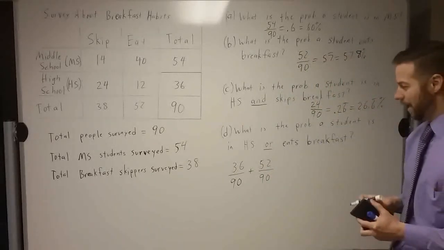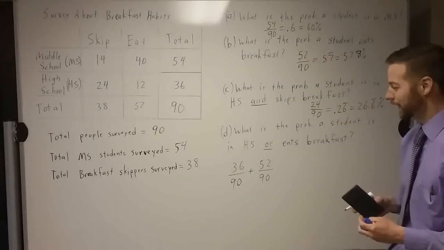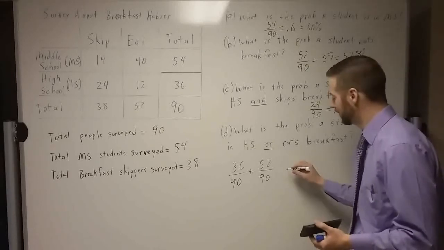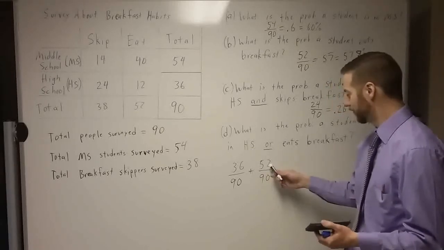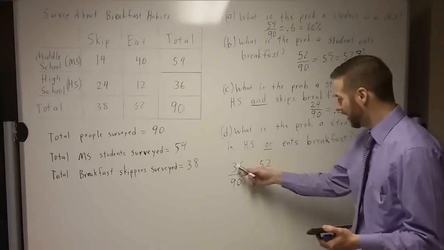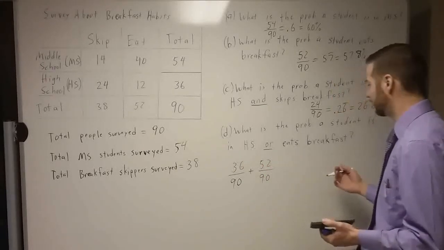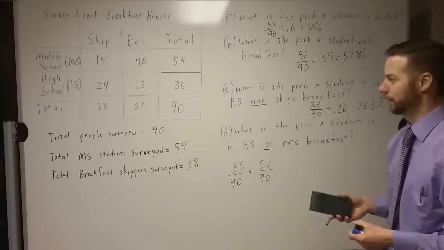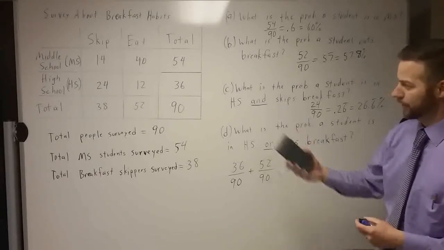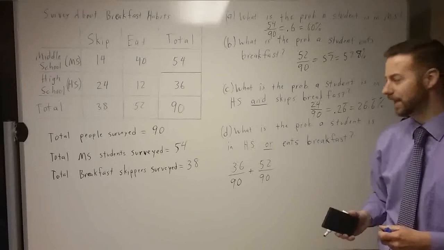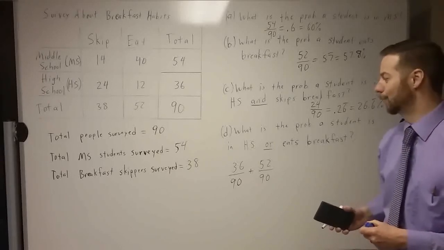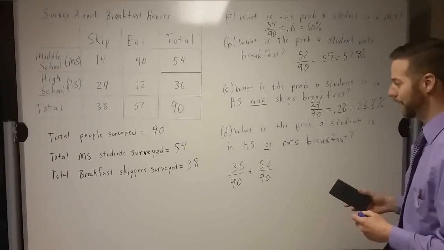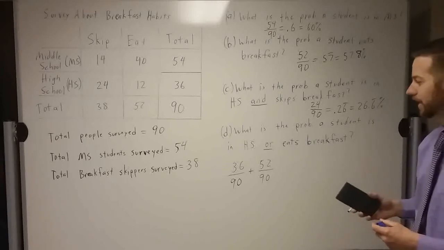Now, if I just add those two together, you're going to notice something that is not going to work here. So if I add these two together, that means 88 out of the 90 students we're saying either are in high school or eat breakfast. And looking at our stats over there, that doesn't seem to be the case, that almost everyone is in high school or eats breakfast. So we've got a slight issue there.